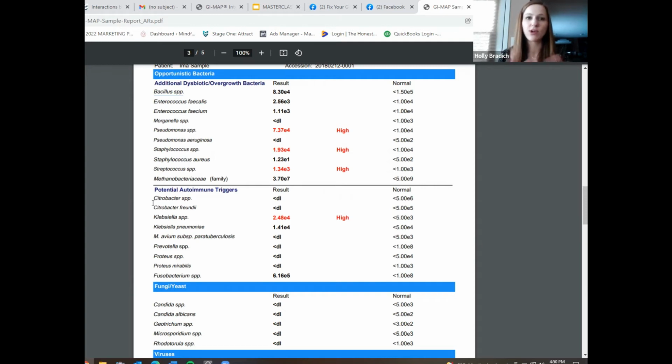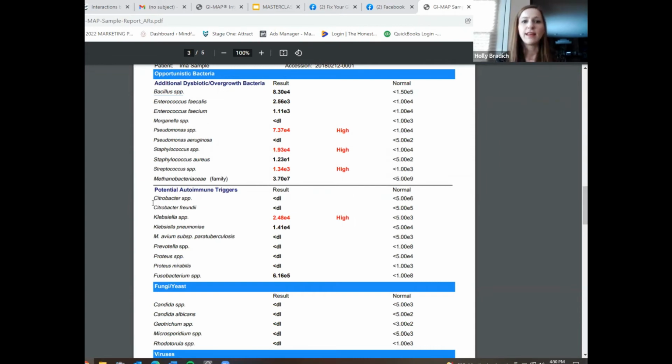Because autoimmune diseases are on the rise, I always look at this factor for people. I ask them about their family history. I ask them, do they have allergies? What kind of foods do they react to? This is all for me to get an idea of whether there could be a role of autoimmune issues in the gut.